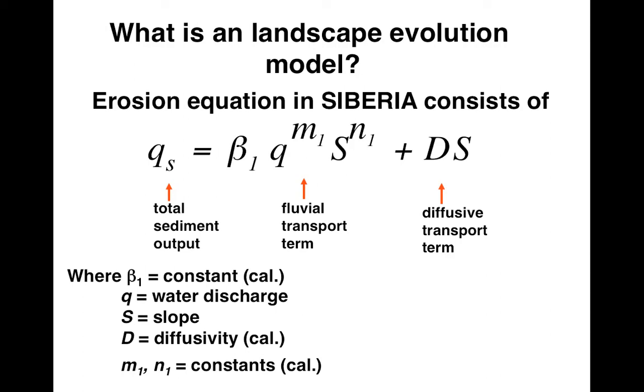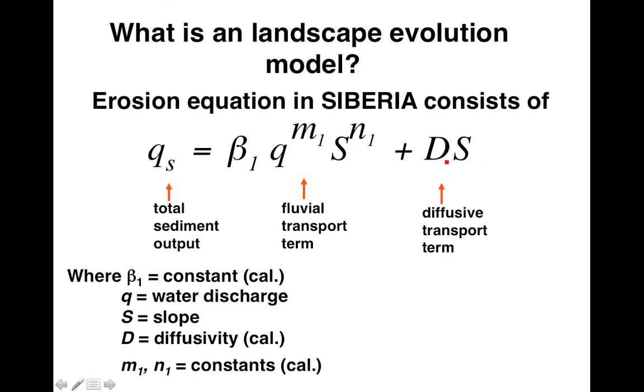So we can actually get the total sediment transport as being a combination of both the fluvial transport term and the diffusive transport term. The fluvial transport term, of course, is going to be related to the water flow, and we often assume that's related somehow to some exponent. It's related to the local slope, so the steeper the slope, the more sediment transport we're going to get. And we often assume some sort of constant parameter which describes that relationship to slope.